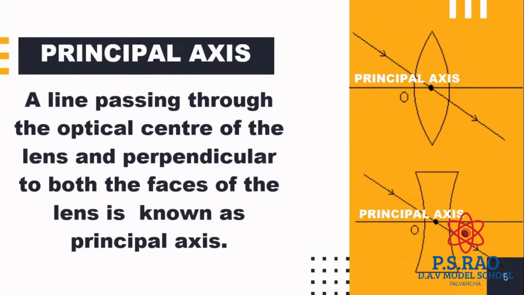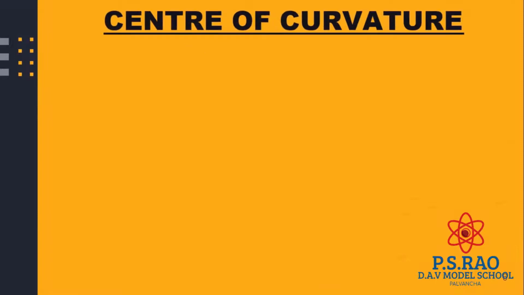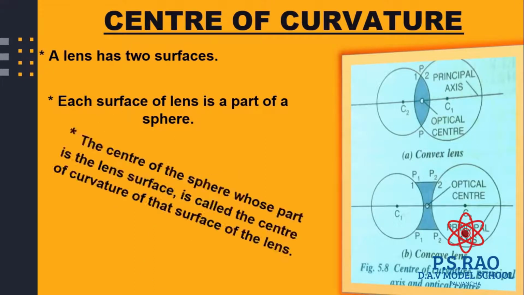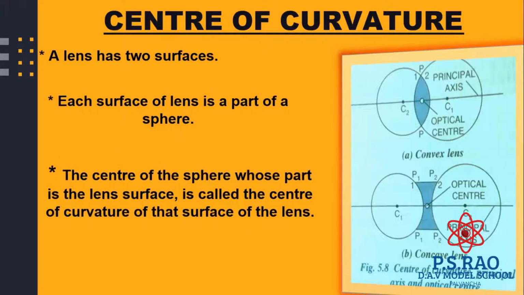Next, center of curvature. A lens has two surfaces. Each surface of a lens is a part of a sphere. The center of the sphere, whose part is the lens surface, is called the center of curvature of that surface of the lens.